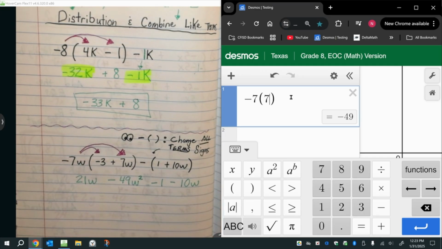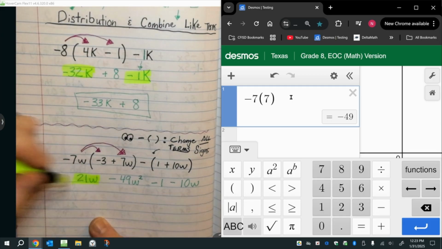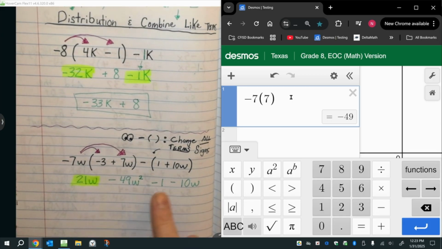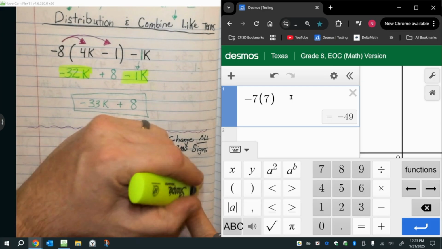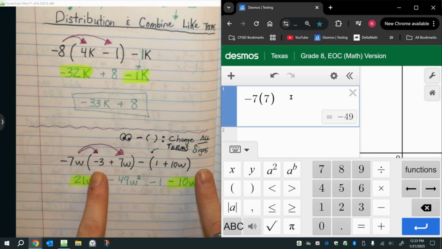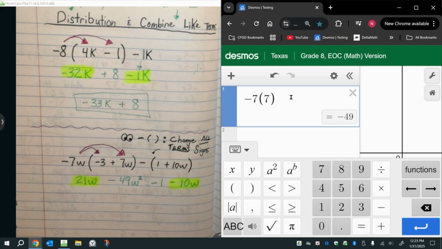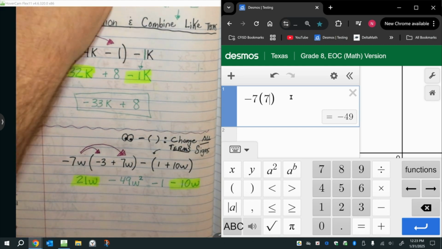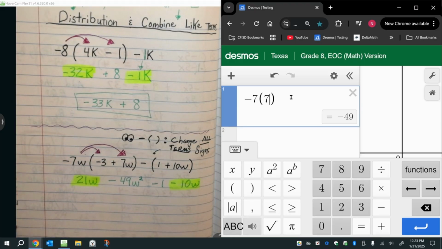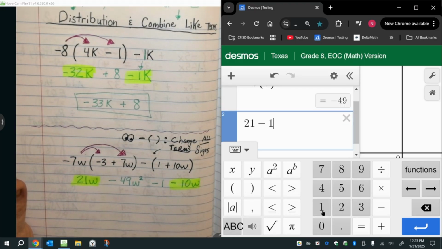Okay, and we're just going to go straight to it. We have this 21W. That's not the same. That's not the same. That is the same. Now that I'm adding, I just ignore this, 21 minus 10, and I write that down. 21 minus 10, well, that's just 11, right? 21 minus 10.